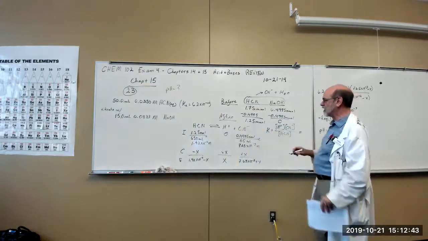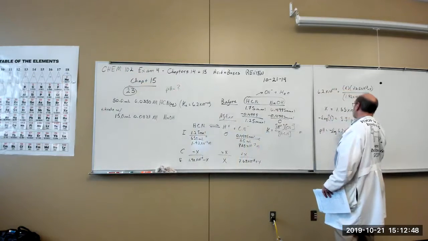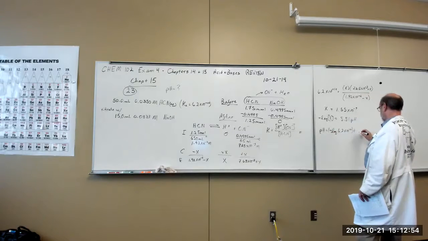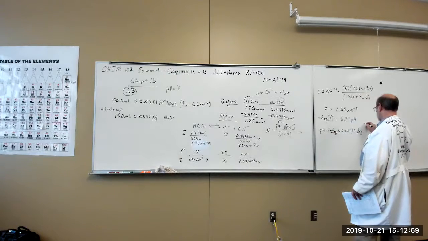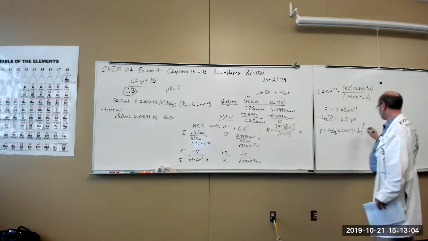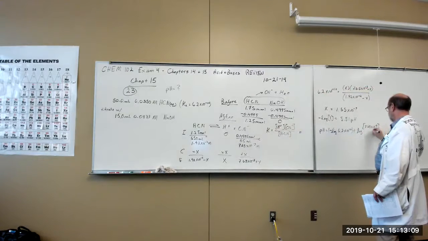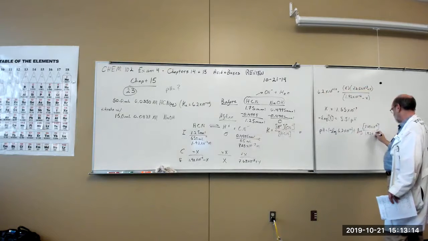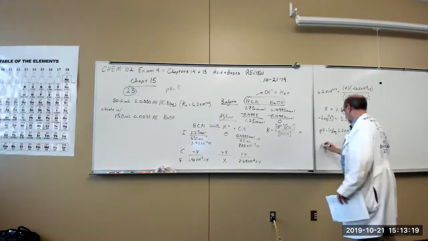The pKa is the negative log of this value, negative log of 6.2 times 10 to the minus 10, plus the log of the conjugate base, which is this one, over the conjugate acid, and then minus 2. Now let's see if it works.